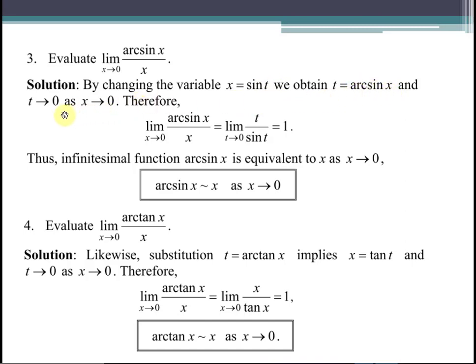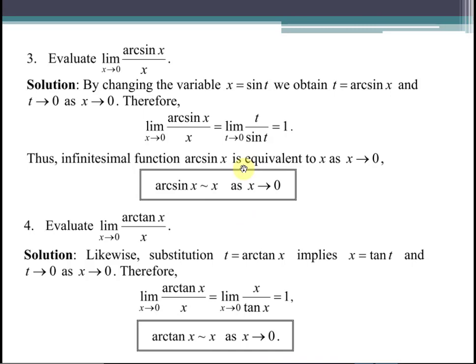That's why t tends to 0. Therefore, we have the limit as t tends to 0, now we changed our variable, of t over sine t. It is equal to 1 because, again, of the first fundamental limit. So the infinitesimal function arc sine x is equivalent to x as x tends to 0.